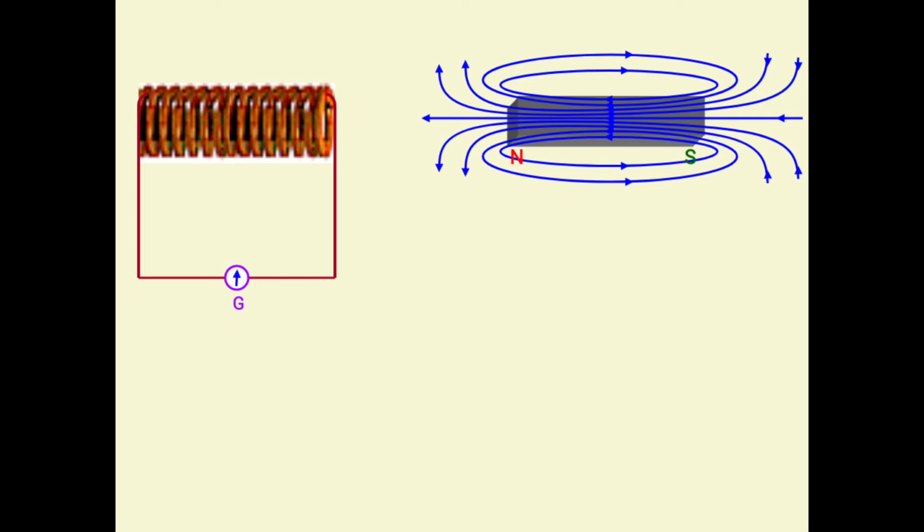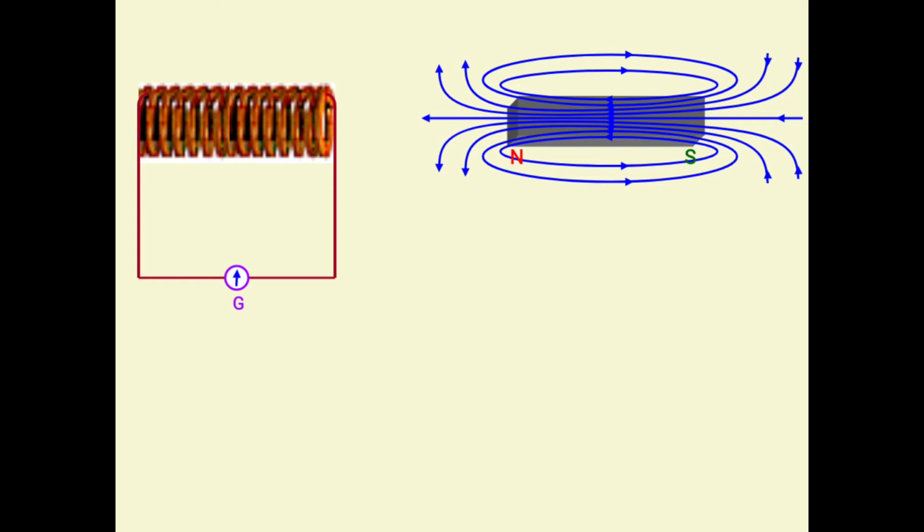As we know, the magnetic field lines are there, and the field lines are dense at the ends. If this magnet is moved towards the coil, it increases the number of magnetic field lines passing through the coil, and definitely if the coil is nearer to the magnet, the strength of magnetic field is more, and if the strength is more, definitely there is more flux.